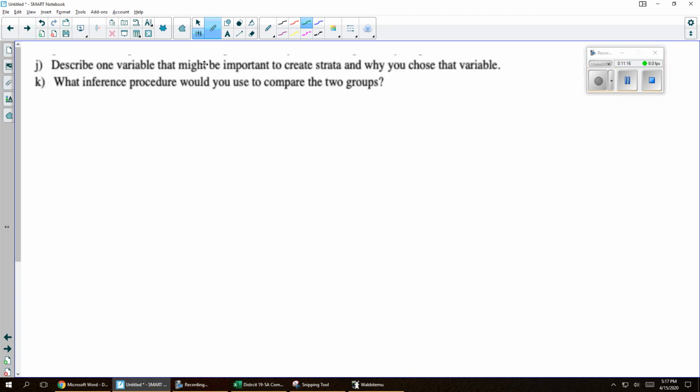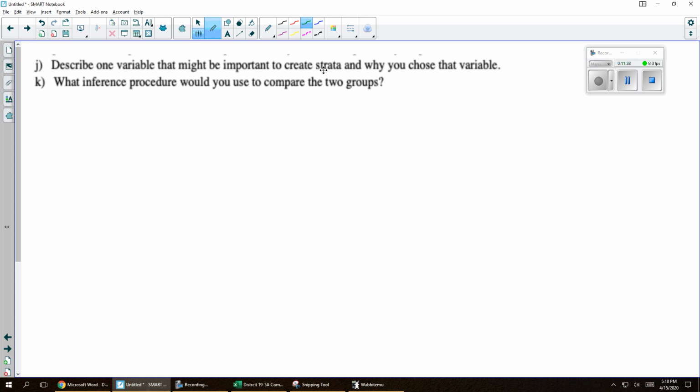Letter J, describe one variable that might be important to create strata and why you would choose that variable. Perhaps one is gender, and why you would choose that variable is because you think that there's a difference in how many calories guys eat and how many calories girls eat, and there's some variability when I include them together.